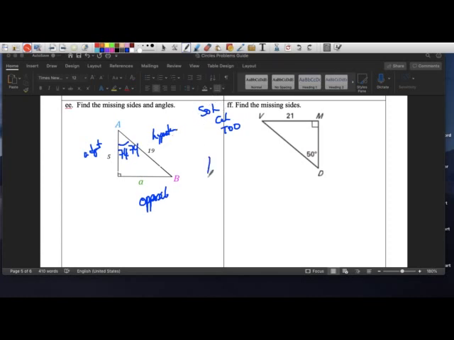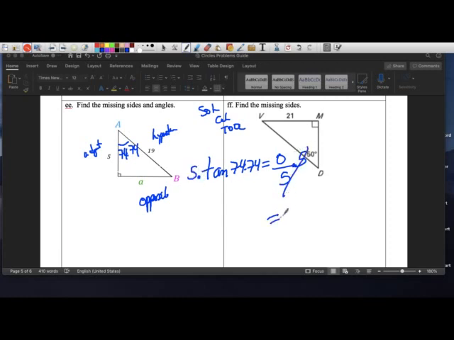So let's use tangent. So tan of 74.74 equals opposite over adjacent, and adjacent in this case is 5. So we multiply both sides by 5.